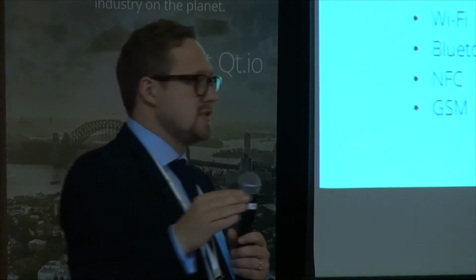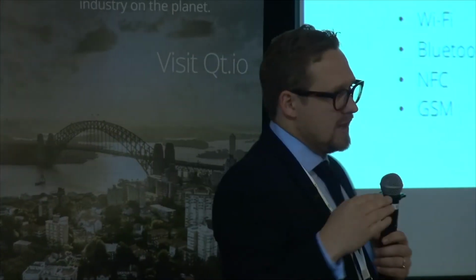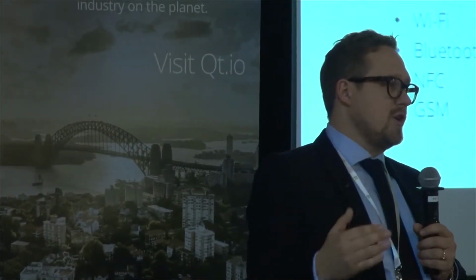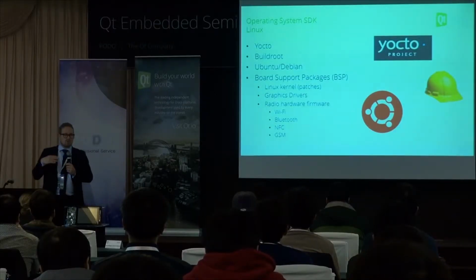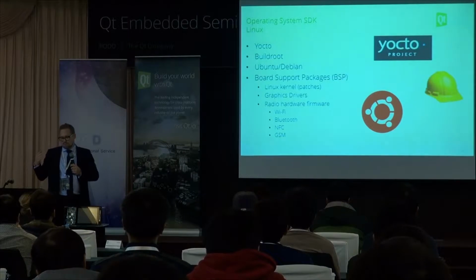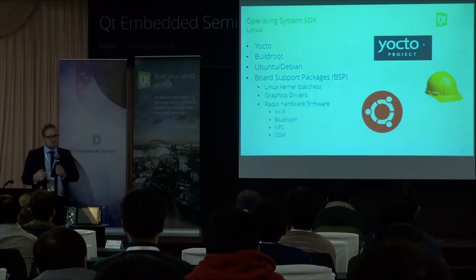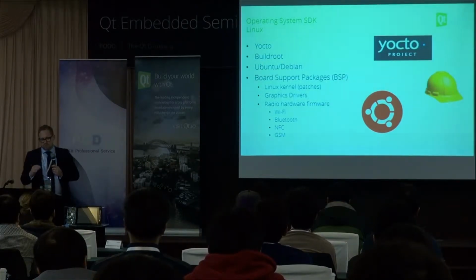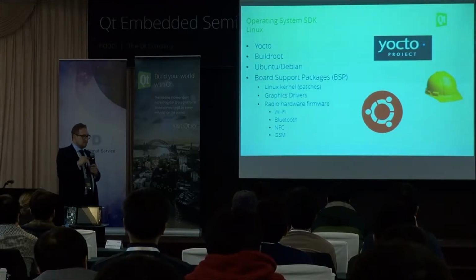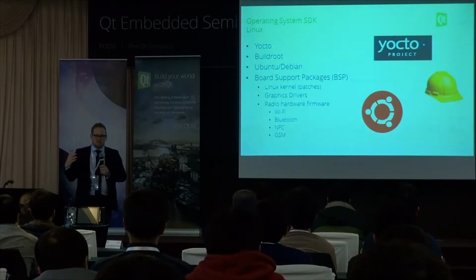You have the base layer, you can have middleware layers, you can have different layers for proprietary drivers that access either the GPU or maybe other things, like the radio firmware, etc. So Yocto makes it very simple to build a modular distribution.